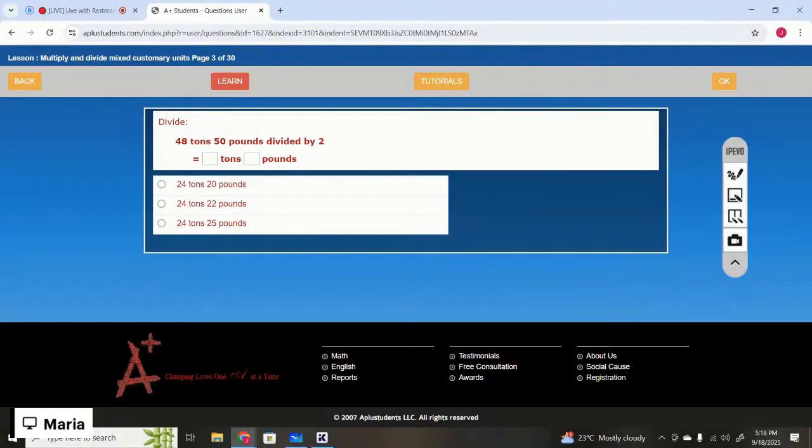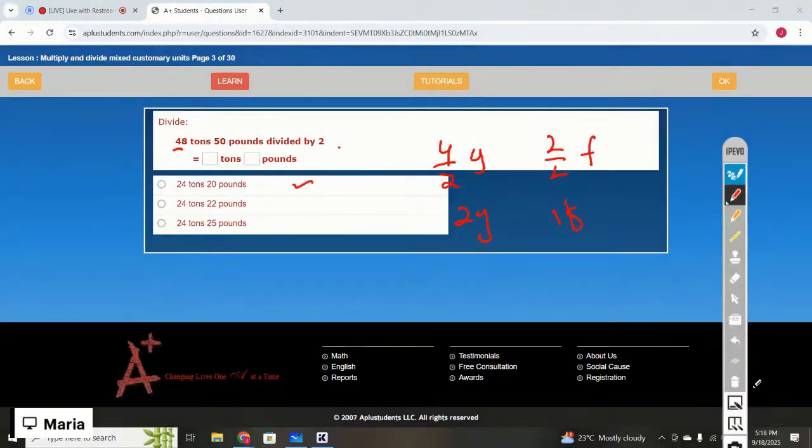48 tons 50 pounds divided by 2. So 48 divided by 2 is 24, and 50 divided by 2 is 25.